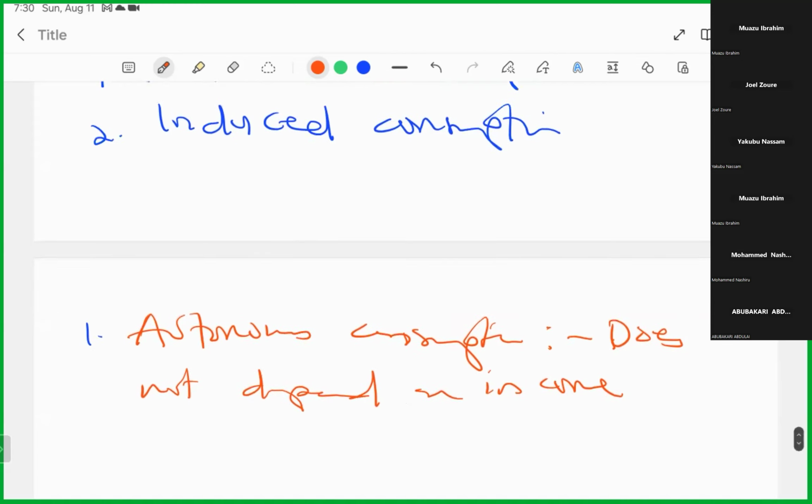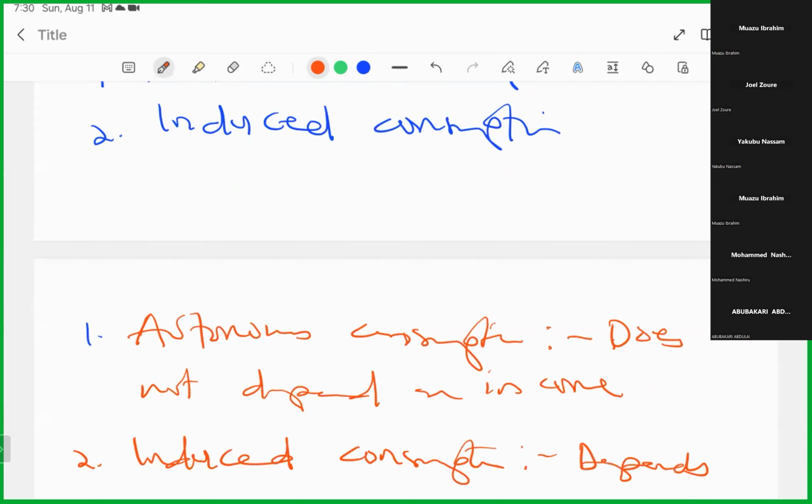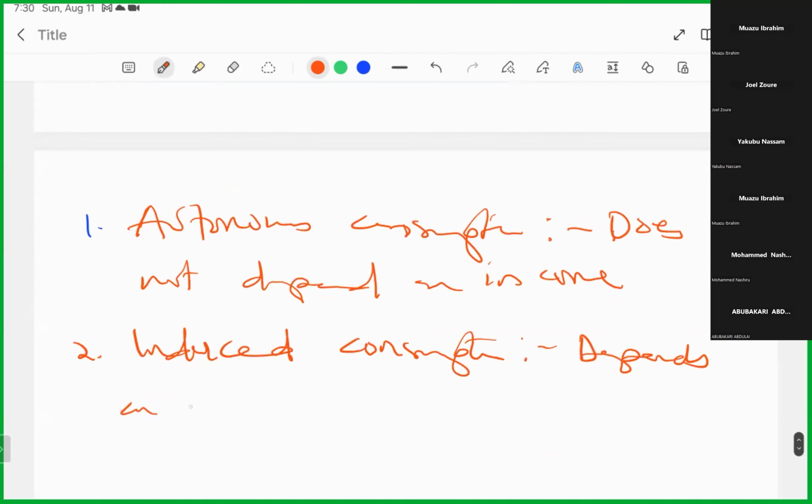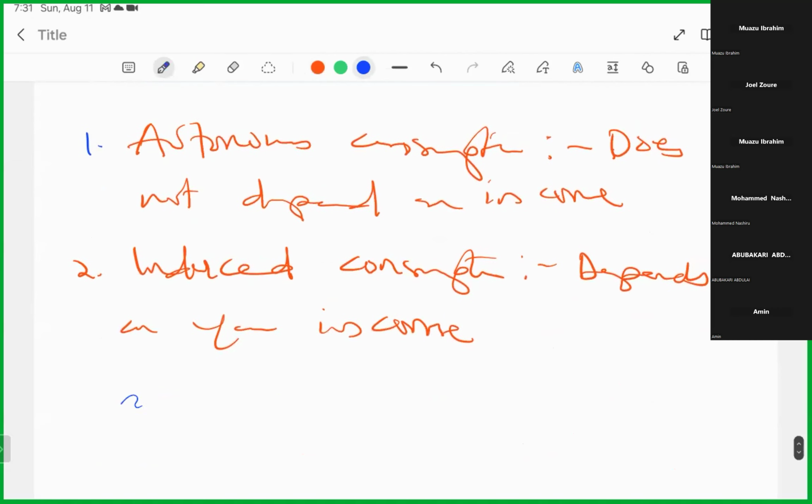And then the induced consumption is that part of consumption that depends on your income.